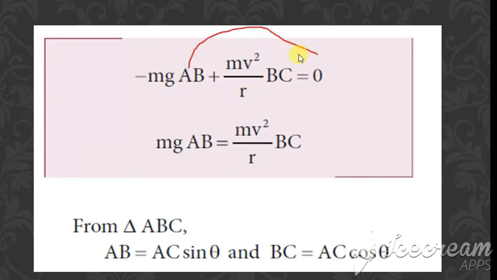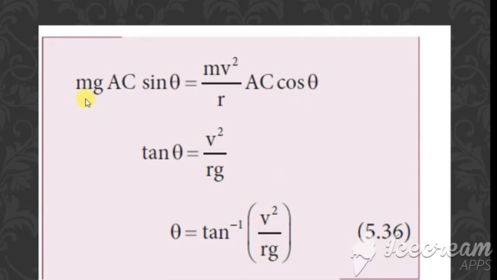Bring this term to the other side so it becomes positive. Now substitute the sine and cos values for AB and BC. We get mg into AC into sin theta equals mv square by r into AC into cos theta. On both sides AC gets cancelled, and m also gets cancelled.